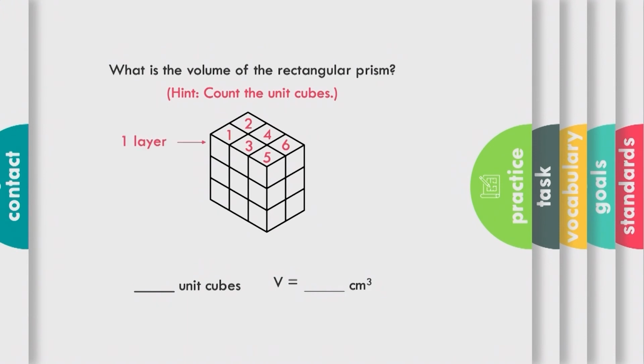I see that there are 6 unit cubes on that top layer, and I see there's a second layer and a third. Well, what does that mean? If I have 6 unit cubes 3 times, how many unit cubes is that? Did you say 18? Give yourself a pat on the back. That means that the volume of this rectangular prism is 18 cubic centimeters.